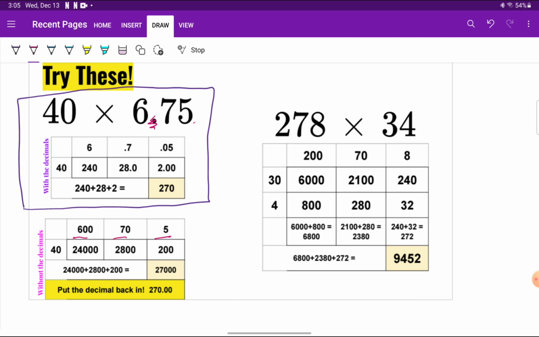What I really did was multiply by 100 because that's 75 hundredths. Multiply that through, work it just like normal, but then at the end we have to divide that 100 back out. So this moves our decimal over and we end up with the exact same value. Either way, we've got to track it. Whichever one makes the most sense to you and your students is fine.